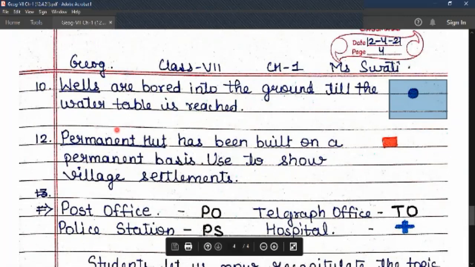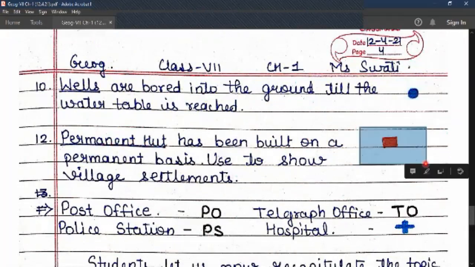Next is permanent hut. Permanent hut has been built on a permanent basis. It is used to show village settlements or towns. It is shown by red colored square boxes.